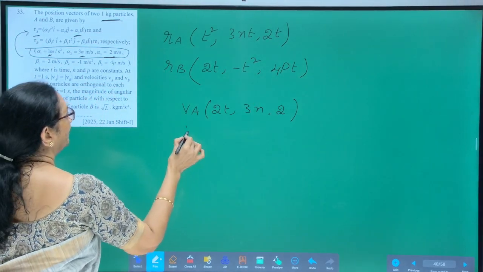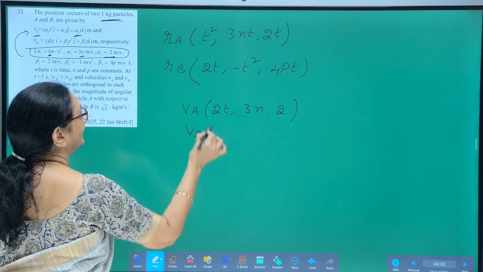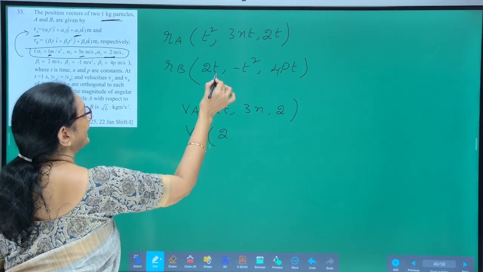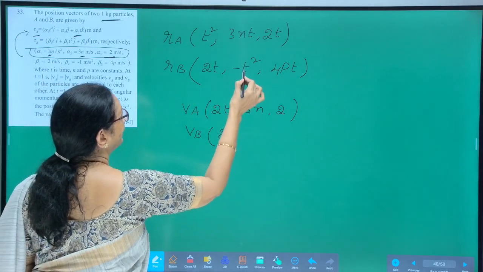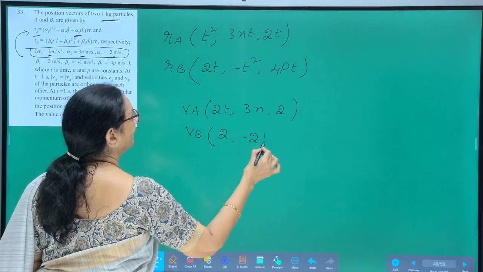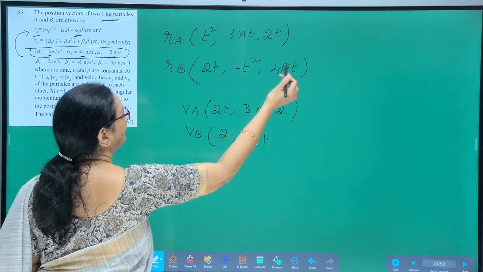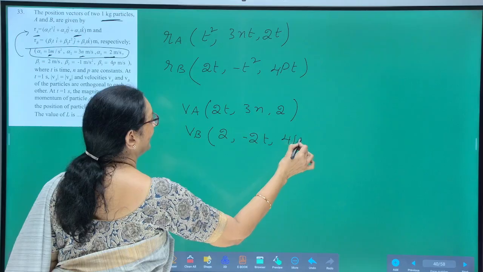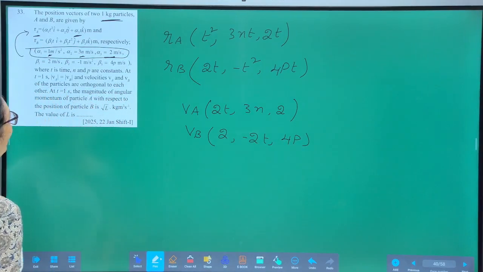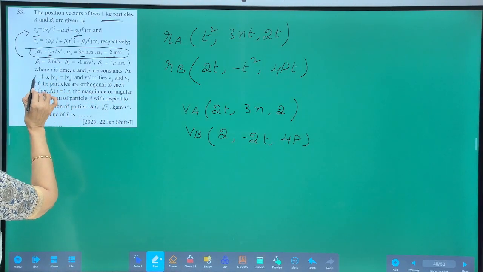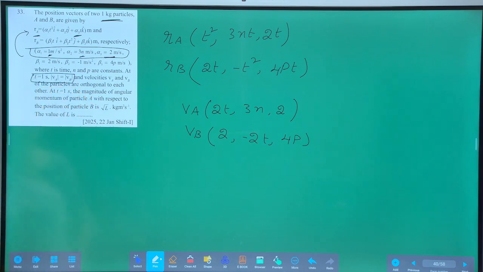Similarly, velocity of B coordinates: derivative of 2t is 2, derivative of minus t square is minus 2t, derivative of 4pt is 4p.